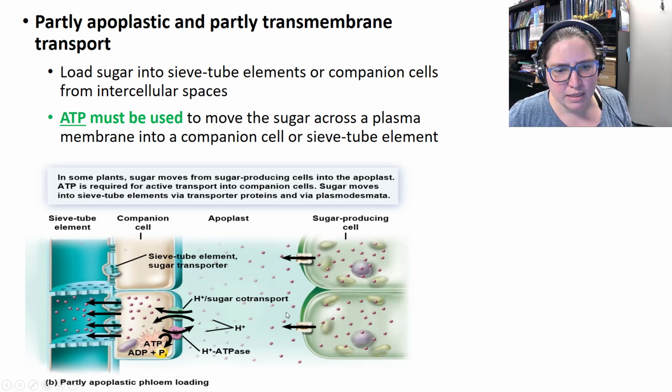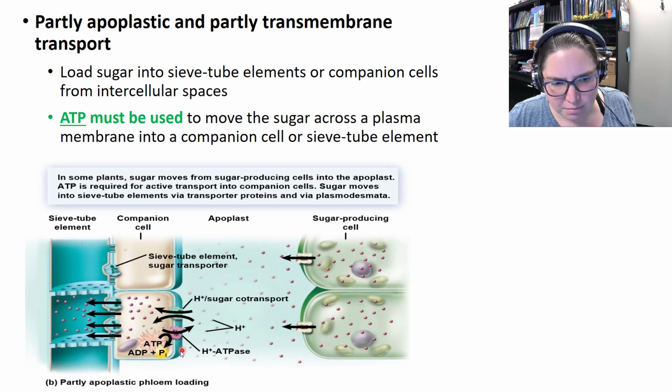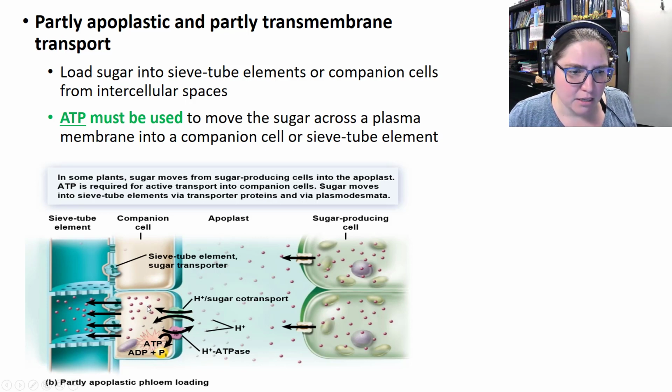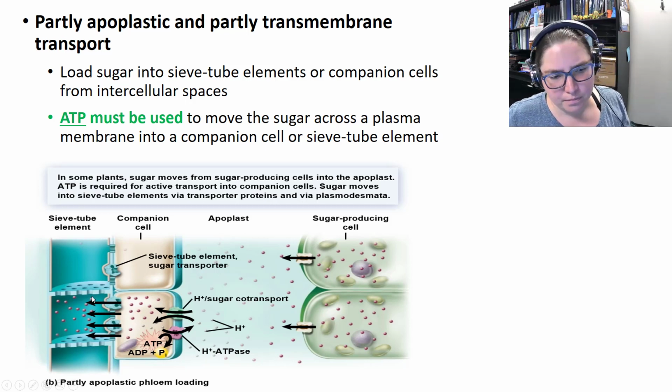The sugar left the sugar producing cell, it's in this space now, and we have a hydrogen ion sugar co-transporter, and that takes energy because we have to set up the hydrogen ion concentration gradient with ATP here. So that transports sugar into the companion cell, and then from the companion cell into the sieve tube element.